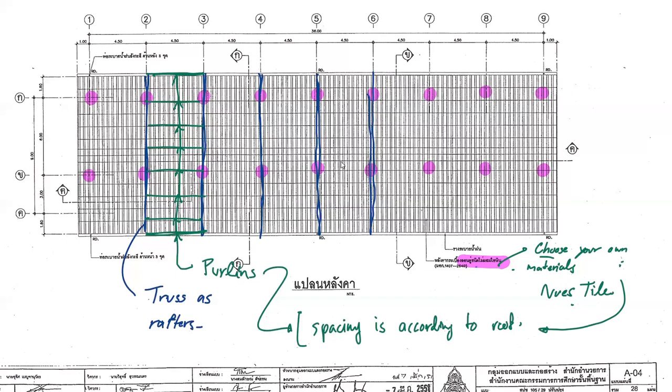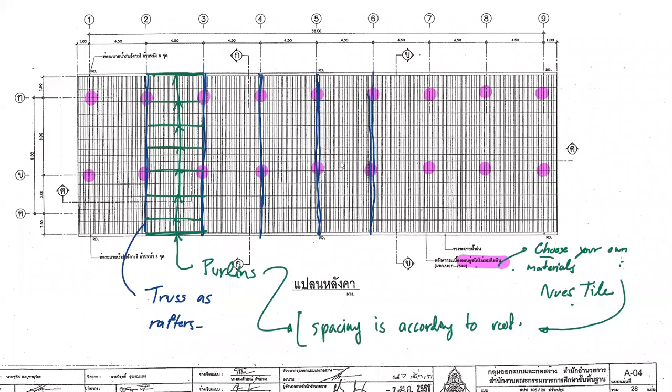This one is pretty light, very, very light. So it's kind of friendly. I think it's only 7 kilograms per square meter. It's very, very light.